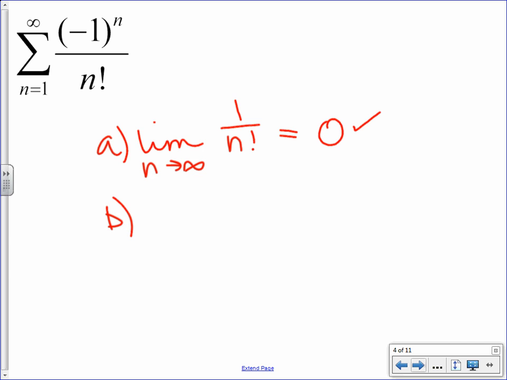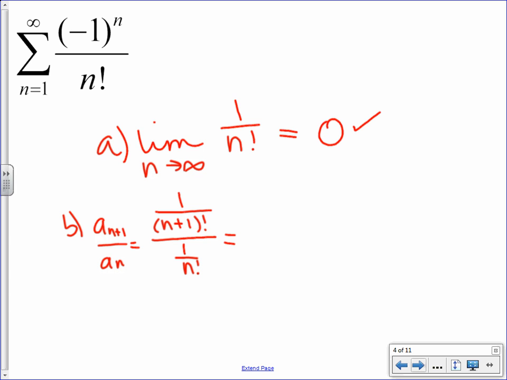Let's talk about the ratio. 1 over n plus 1 factorial over 1 over n factorial. This one just has to be a sub n plus 1 over a sub n. What does this simplify to?